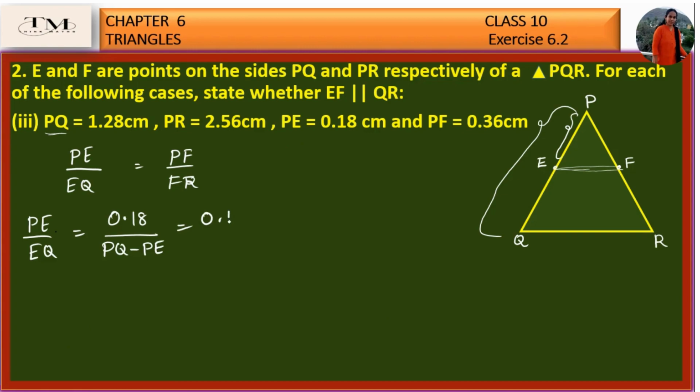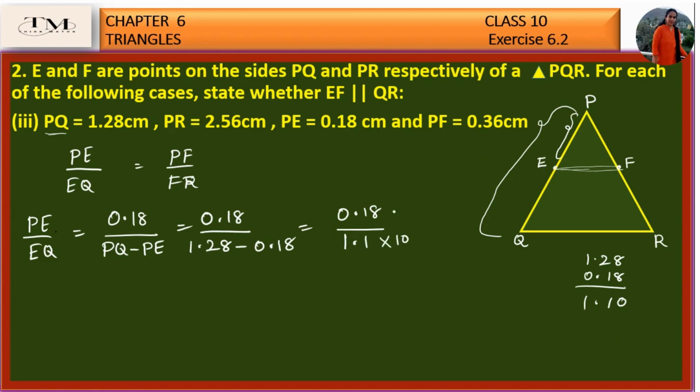So, 0.18. What is PQ? It is 1.28. PE is 0.18. So 0.18 divided by 1.28 minus 0.18. 8 minus 8, 0. 2 minus 1, 1. 1 minus 0, 1. So it is 1.1. So you have to multiply by 10.